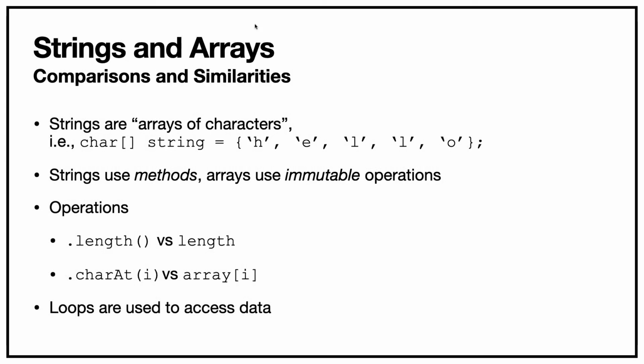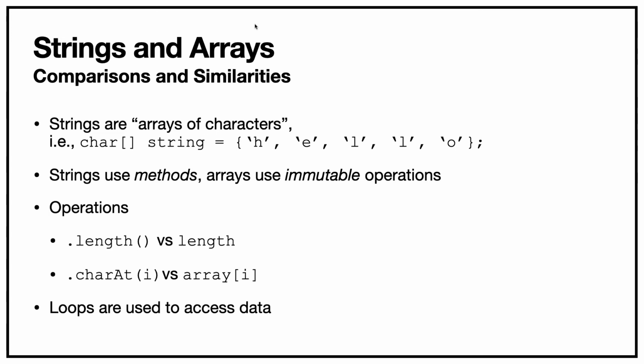Another thing that we need to recognize is that strings and arrays are very similar. As a matter of fact, strings are an array of characters. I don't know if you noticed, but every time we access information from a string, basically we are accessing the charAt, the character at a position.